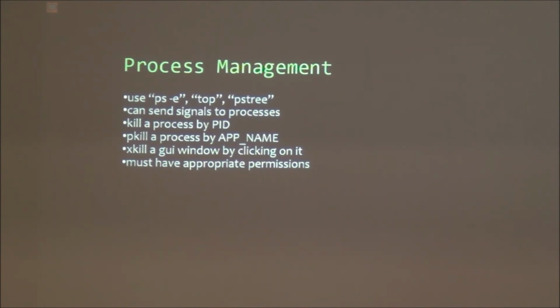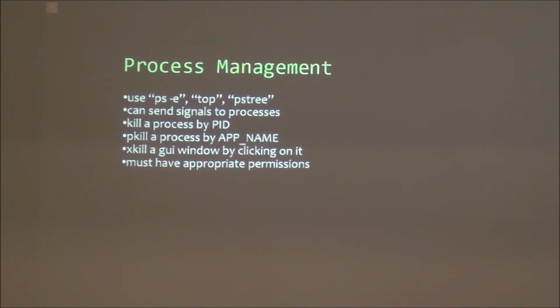Let's say there's a process that's hung, just sitting there not doing anything. You can send it a signal saying, hey, wake up, what are you doing? And if it doesn't respond, then you can send another one saying, hey, you're about to die, which is kill -9. You can kill or end processes by their process ID.